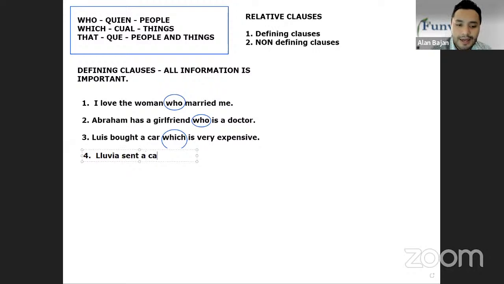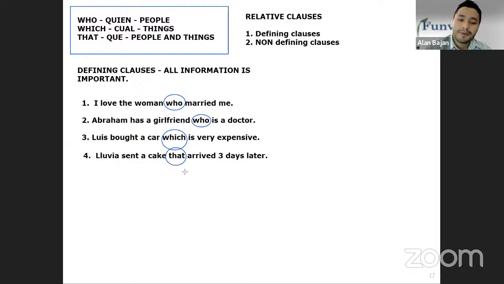Lluvia sent a cake that arrived 3 days later. Lluvia sent a cake that arrived 3 days later.